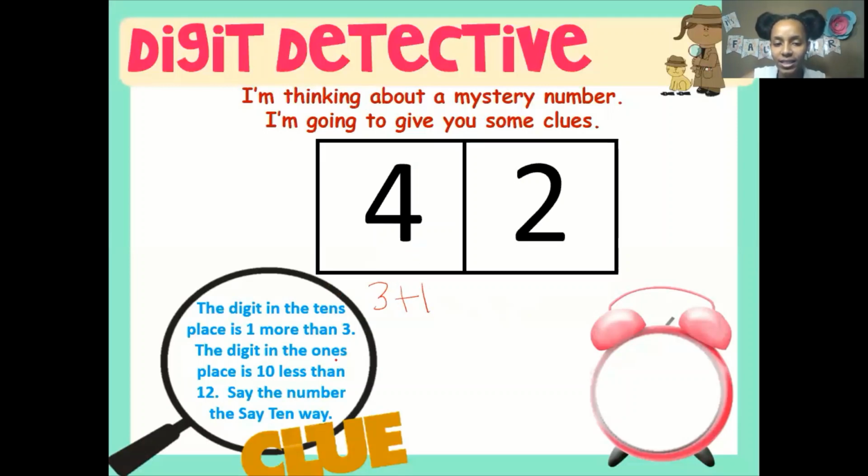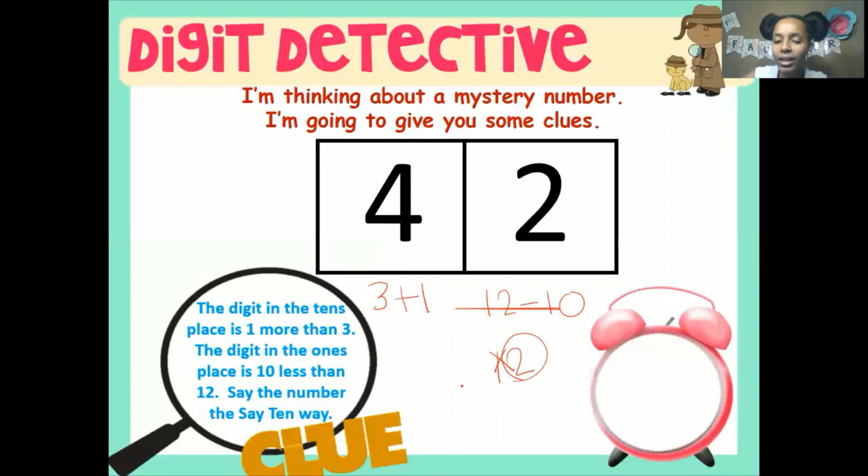And it says the digit in the ones place is 10 less than 12. So I can say 12 minus 10, or if I know in my mind that if I take this 10 away, then that means I have 10 less, and the number I have left is 2.